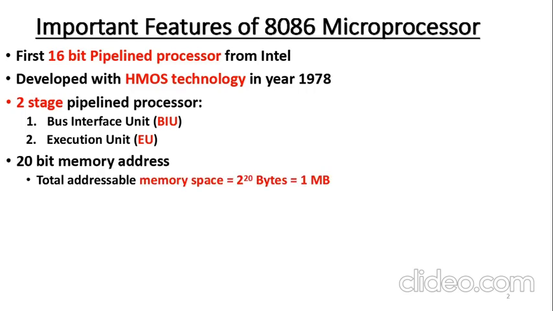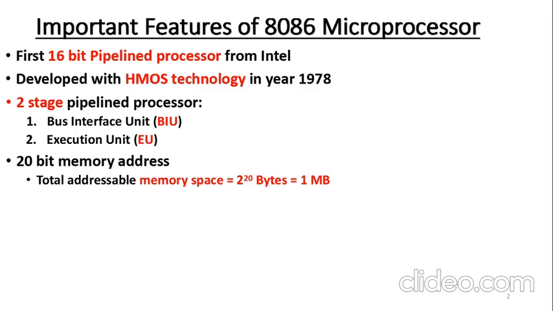This processor outputs 20 bits of memory address. Hence, the total addressable memory space is equal to 2 raised to 20 bytes, and that is equal to 1 megabyte.